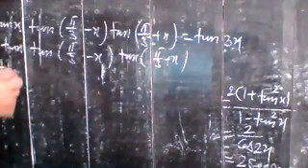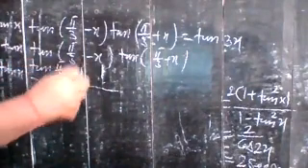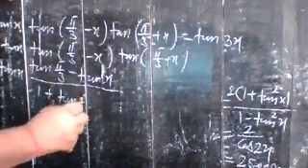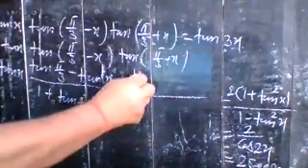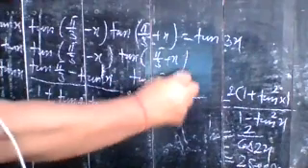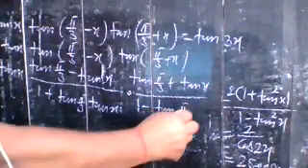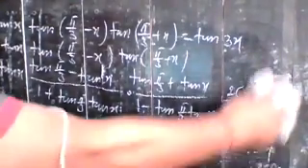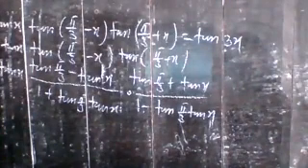So tan x into tan pi by 3 minus tan x upon 1 plus tan pi by 3 into tan x, into tan pi by 3 plus tan x upon 1 minus tan pi by 3 into tan x. So in this way, here you are applying the formula of tan x plus y and tan x minus y.